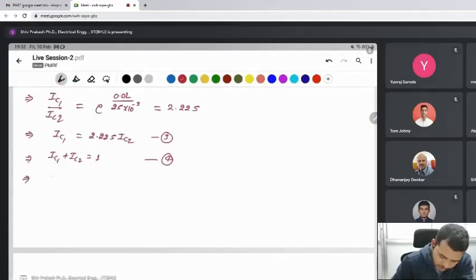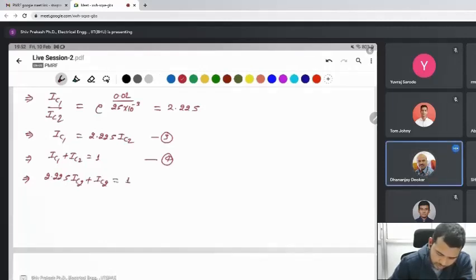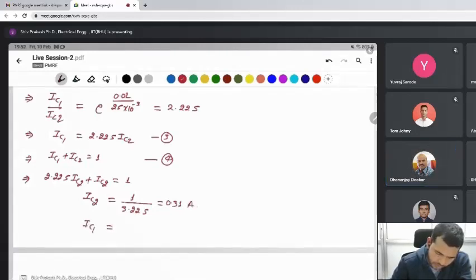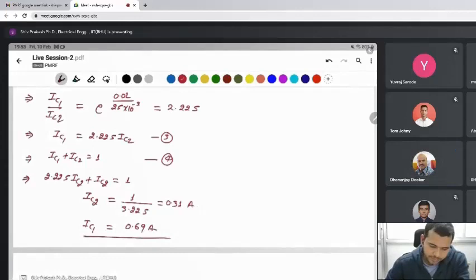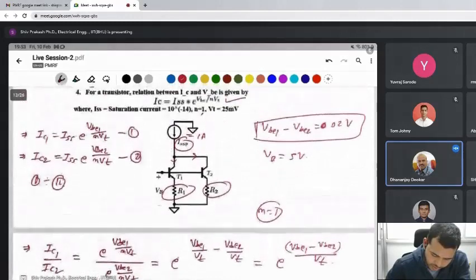IC1 is 2.225 IC2, plus IC2, and IC1 comes to 6.9. So we find IC1 and IC2.